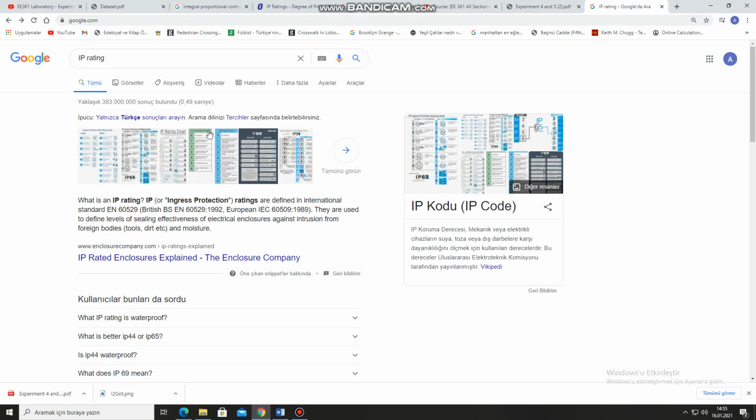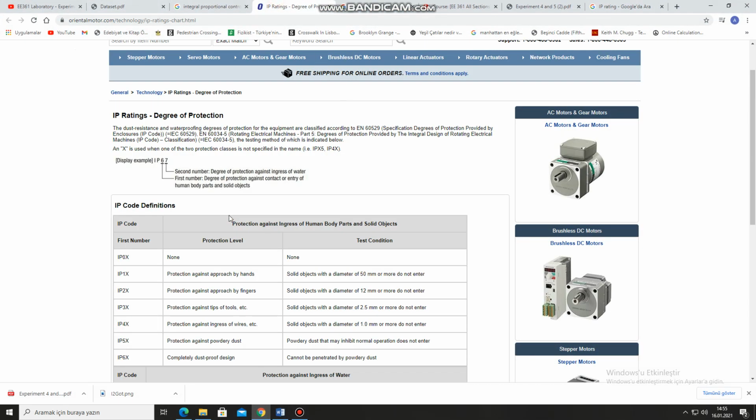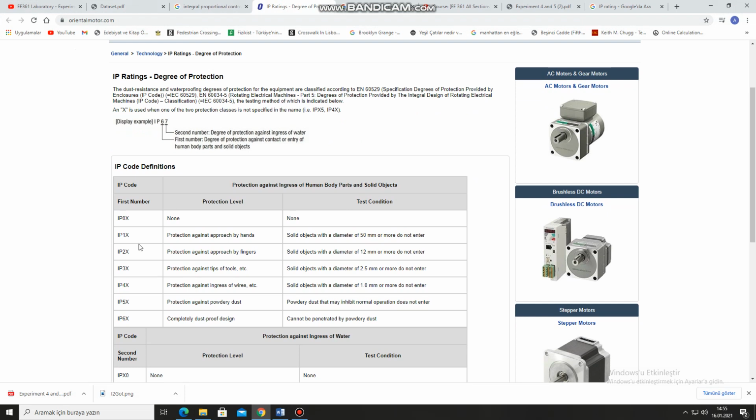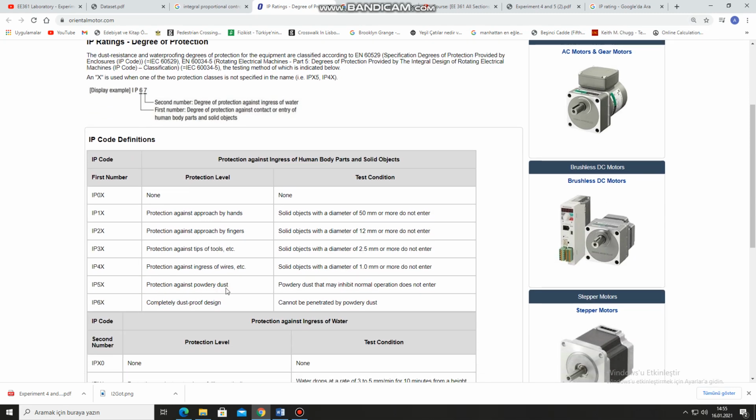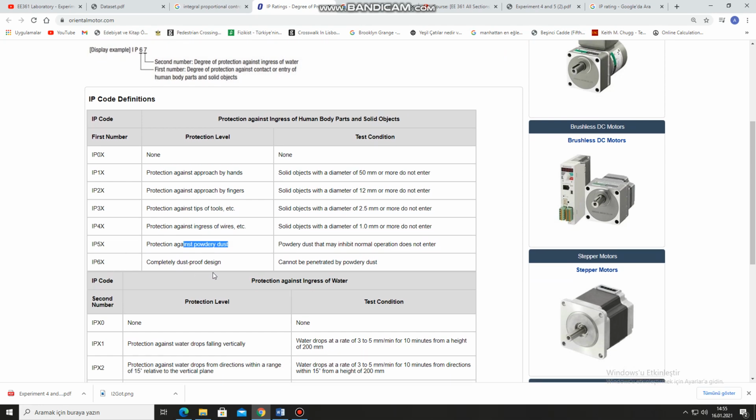To make our concept more clear, I will refer to this website here. If you remember, in our case, the number was 54. The first number was 5. It represents the resistance of our DC machine with respect to dust. 5 means dust, and the second number was 4.